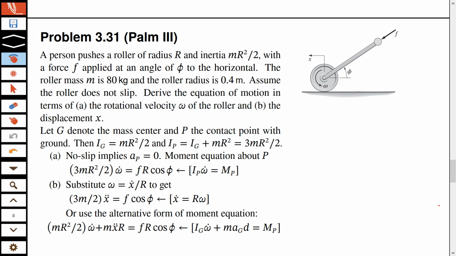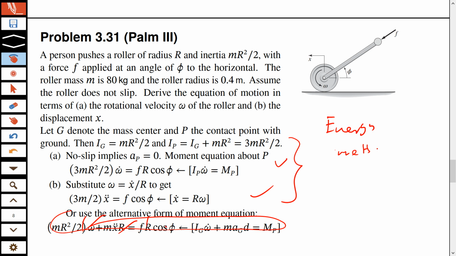But even if I don't use this method, because this is complicated, even these two methods, these two steps can be simplified. It is still not simple enough. We can go for the energy method, which will simplify things. अब एनर्जी मेथड आपको पता है कब मुश्किल होता है, जब आपके पास काइनेटिक एनर्जी भी हो और पोटेंशियल एनर्जी भी हो.